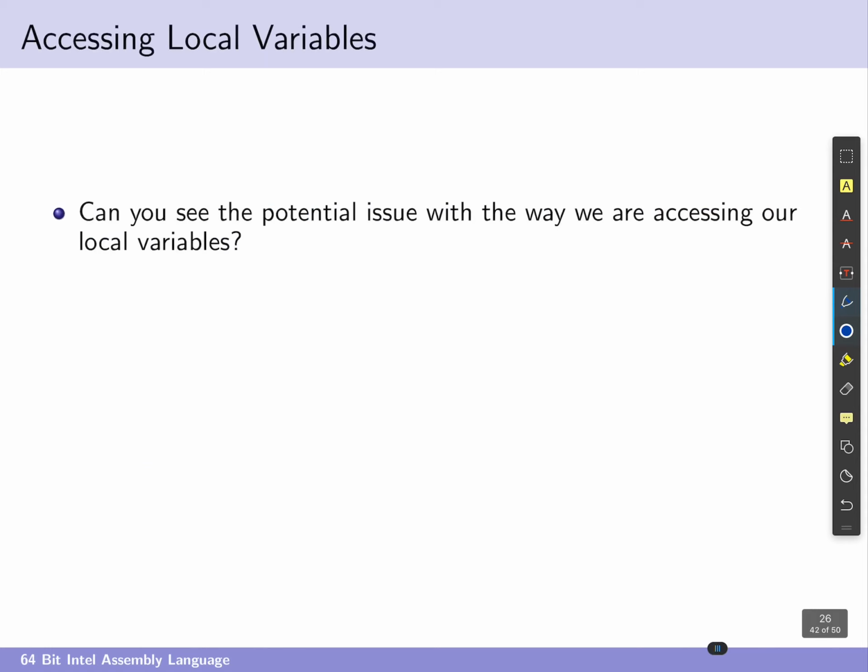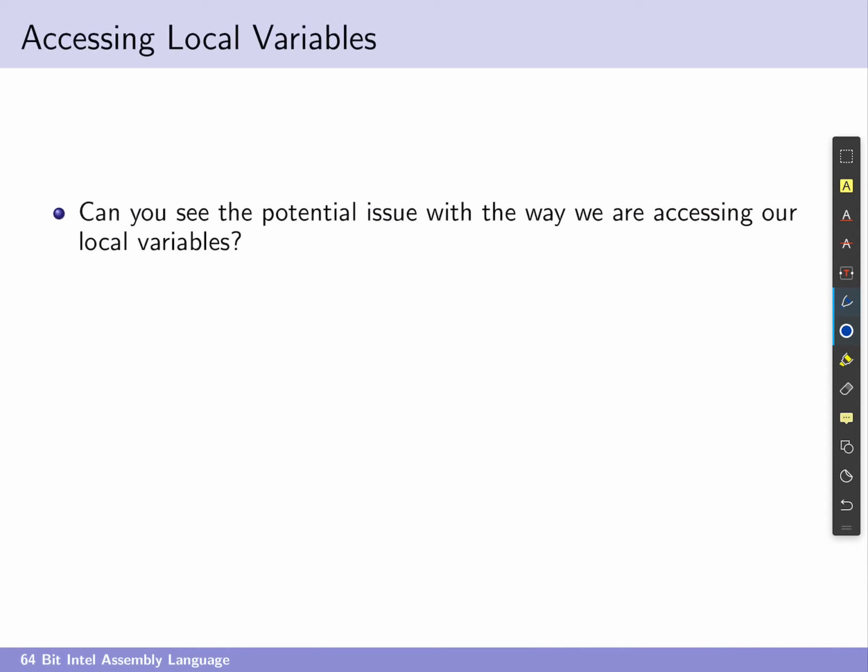Now there's something that's a little bit subtle, and it's an issue that is easily avoidable if you follow one specific rule or you change the way you access local variables slightly. So I want you to maybe pause the video here and think of if you can encounter a problem where the way in which you access local variables could be destabilized during the course of a function somehow.